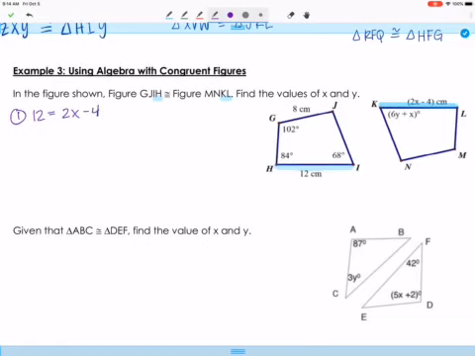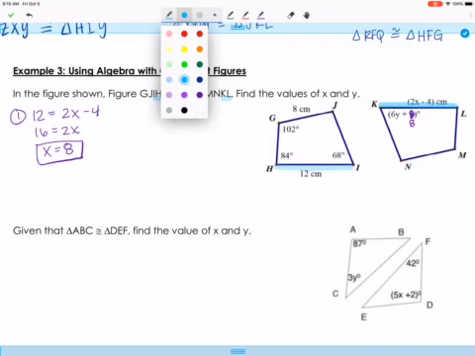If 2x minus 4 is equal to 12, solve that out, we get that x is equal to 8. Now that you know x is equal to 8, you could go back in and rewrite the expression 6y plus x, just filling the 8 in. Then I can work with that.